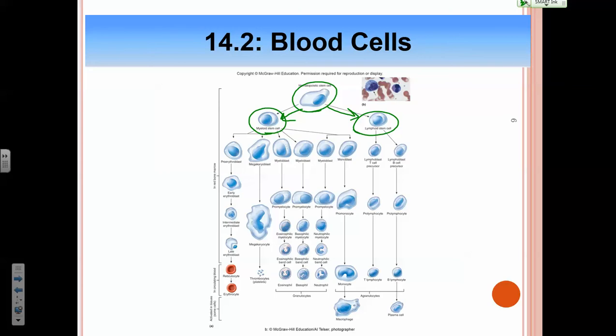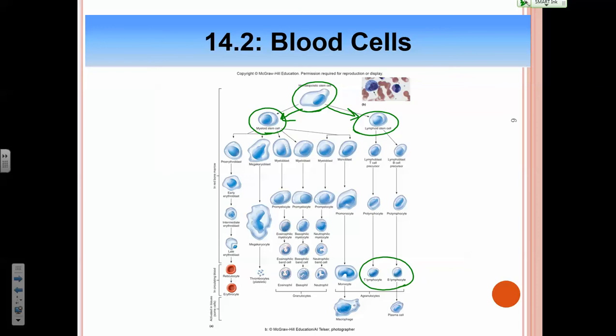The lymphoid stem cells give rise to lymphocytes, one of the types of white blood cells. And we'll learn, especially when we get to the lymphatic system, that there's actually two different kinds of lymphocytes. Under the microscope, initially, they look just alike. And in this chapter, we're just going to talk about them as lymphocytes, not the two different kinds. But a lymphoid stem cell gives rise to those.